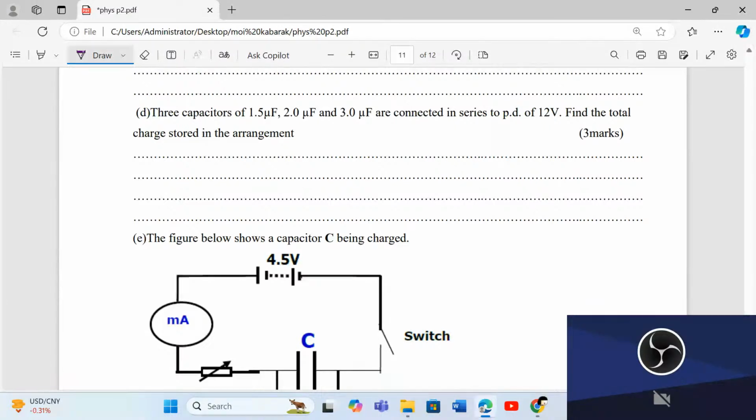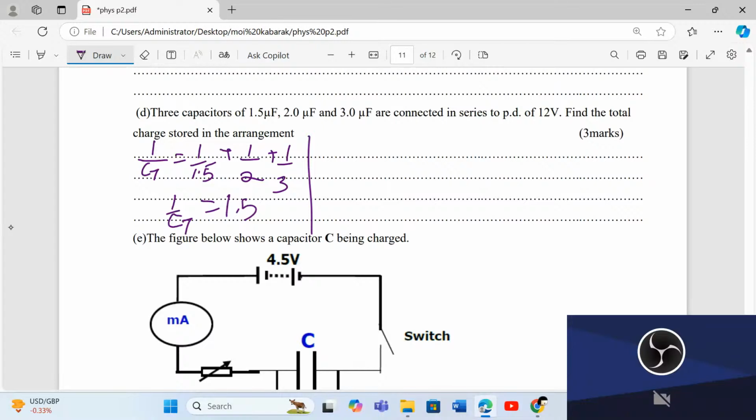Therefore, I can say that C total, or the effective capacitance, would be: 1 over CT is equal to 1 over 1.5 plus 1 over 2 plus 1 over 3.